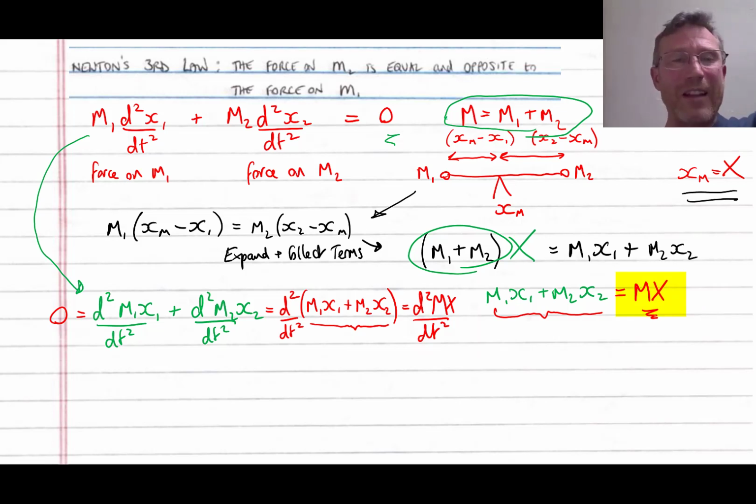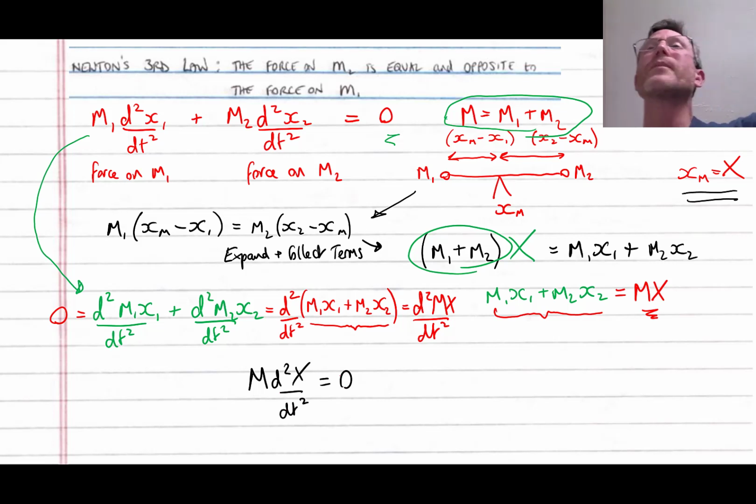So what are we left with? Let's kind of simplify again. Let's just change color. So we're left with m d squared x by dt squared is equal to 0. Now we've also recognized, of course, that F equals ma, which is equal to Hooke's law.